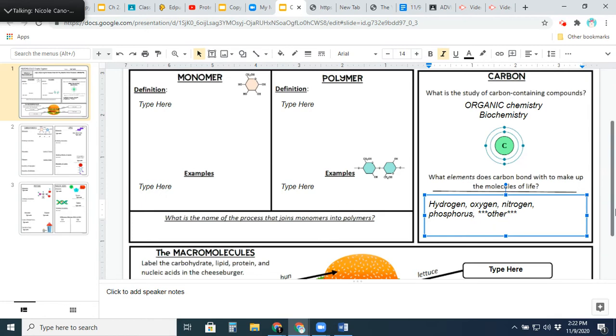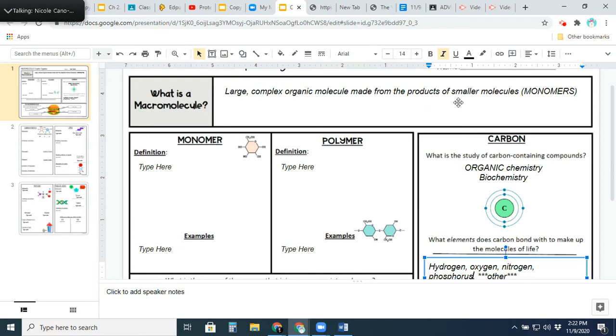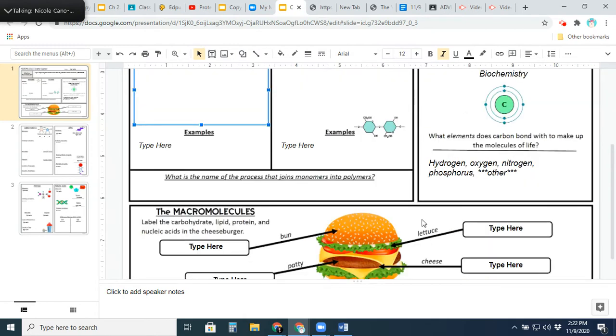All right, so we also said that a macromolecule was made up of smaller molecules, and that these smaller molecules were referred to as monomers. So what the heck is a monomer?